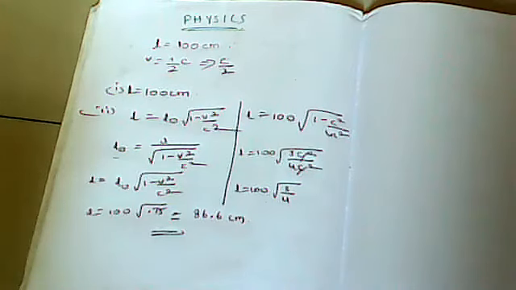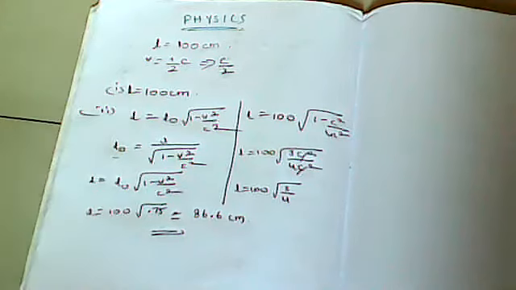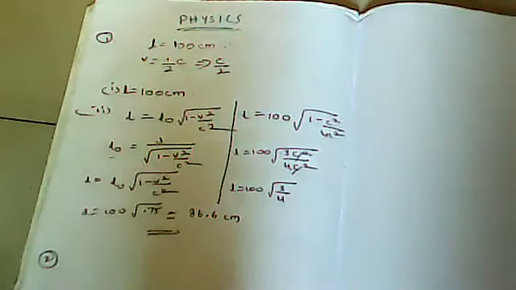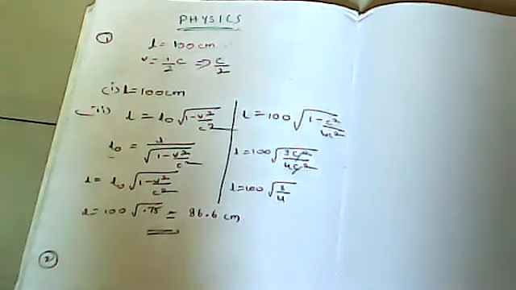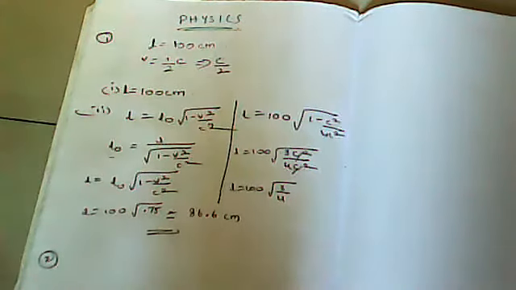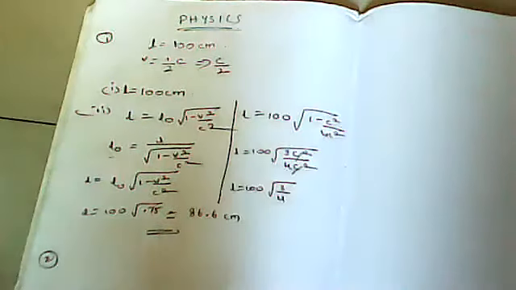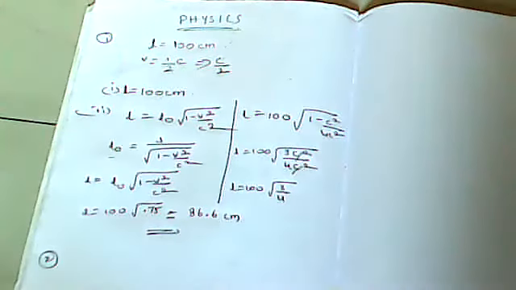Next problem. If a rod travels with a speed V is equal to 0.6c along its length, calculate the percentage of contraction.